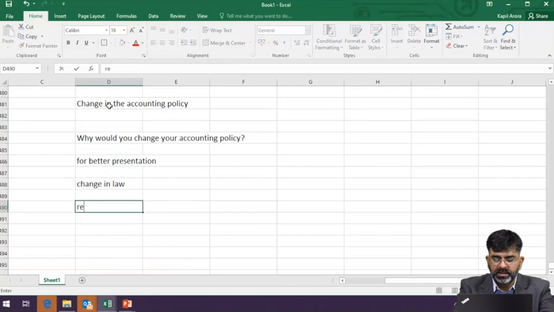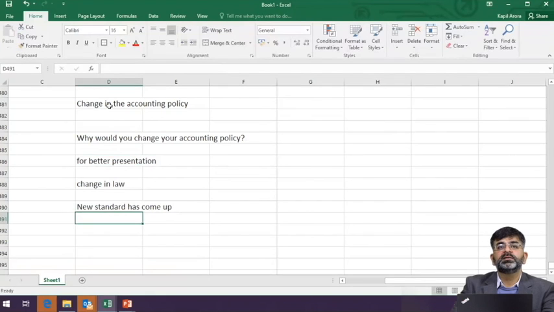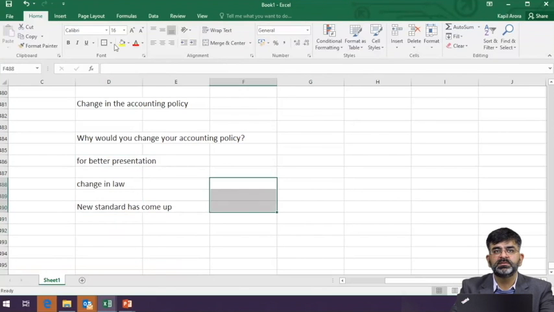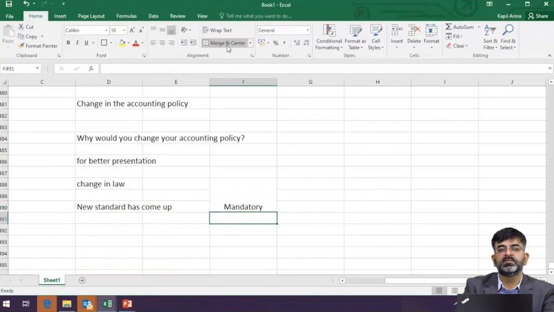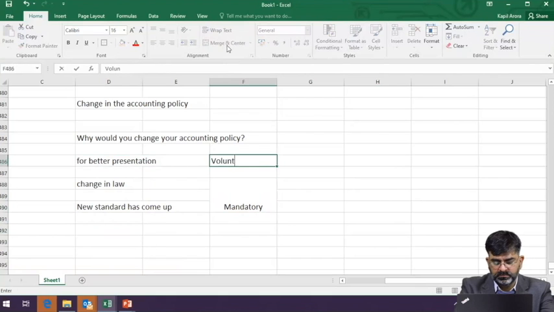Or required by IFRS, which says a new standard has come up? If there is a change in law, or a new standard comes up, these kinds of changes are known as mandatory changes, where I have to change it. Whereas a change for better presentation is a voluntary change.